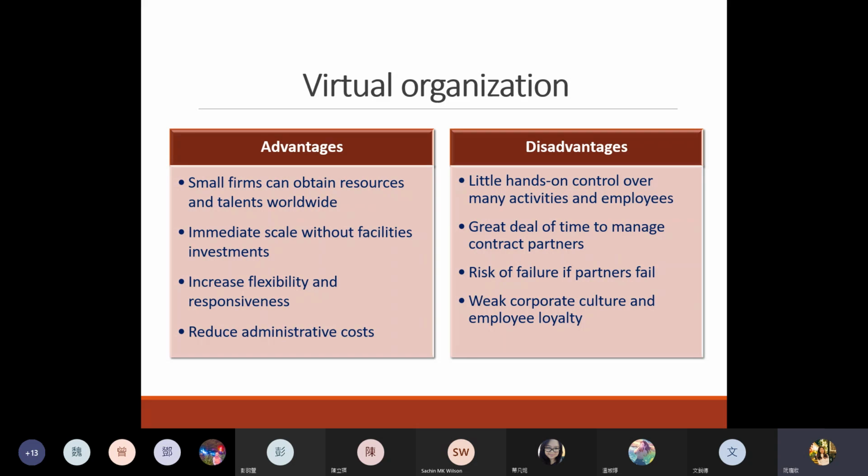This can be linked to Ricky's idea: if you only rely on one or a few partners, then your interdependence on them is pretty high, and you may have weak corporate culture and employee loyalty.